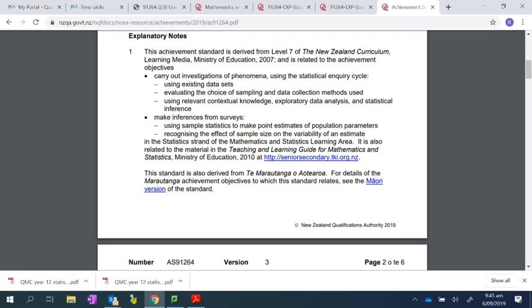So what you're going to be doing is carrying out investigations, but you're not going to actually do the investigation. We're going to have some data for you, and you're going to use data from something that's already been done. So you don't have to go out and design an experiment and perform the experiment. We get to do that next year.